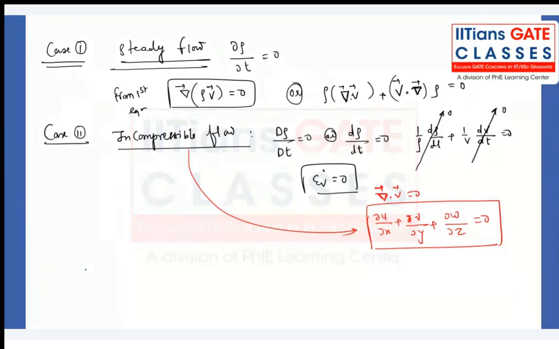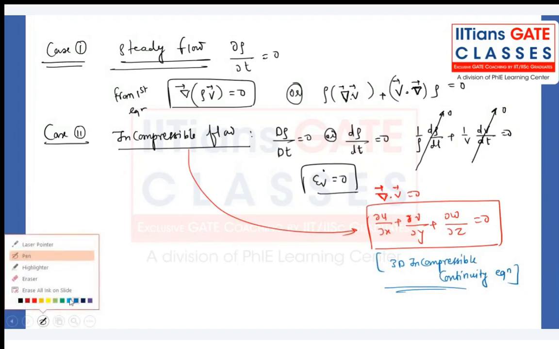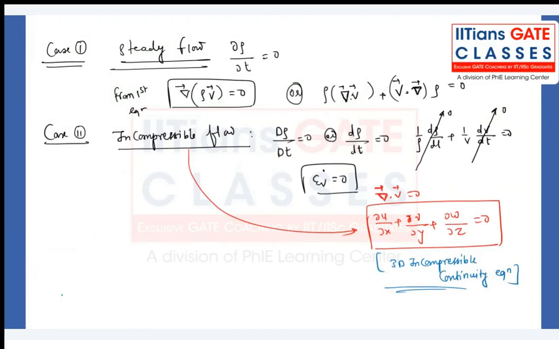That is what we call the 3D incompressible continuity equation. Continuity equation, so make a note of it. Very, very important.